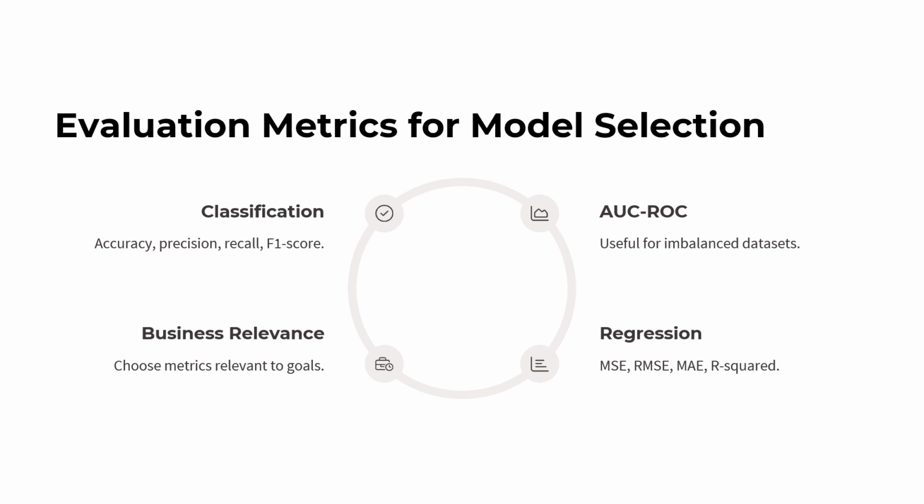In regression, it's all about error, whether you use MAE, RMSE, or R squared. It depends on your tolerance for big errors. And don't forget the business angle. Choose what really matters for your use case.